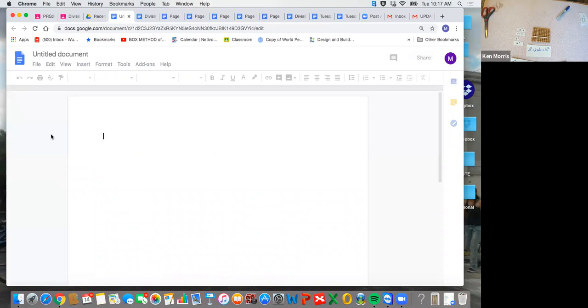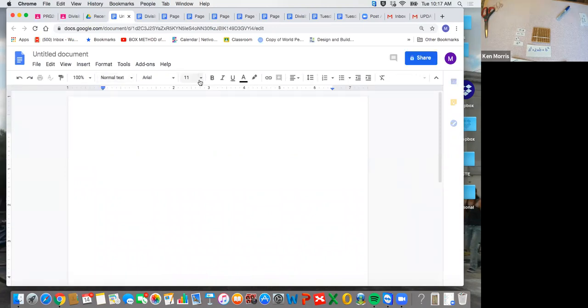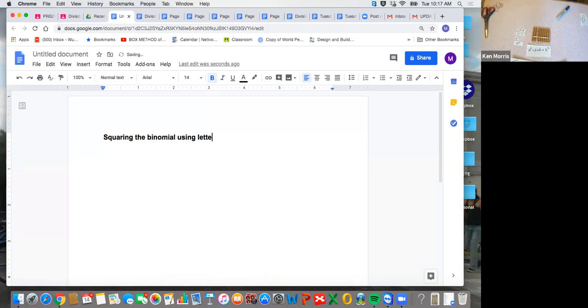Okay, so let me increase the font, make it bold. All right. So we're talking about squaring the binomial using letters. All right, so the 4 pieces are A squared plus B squared.